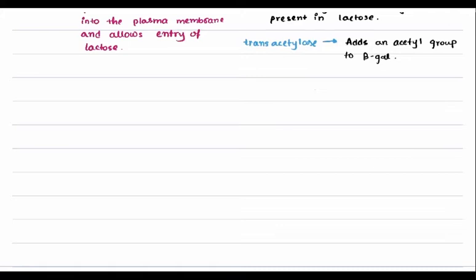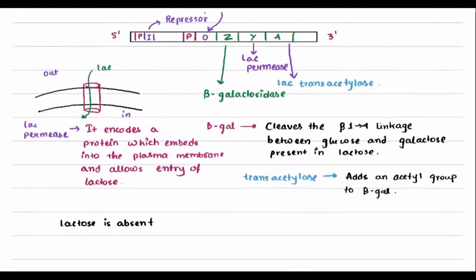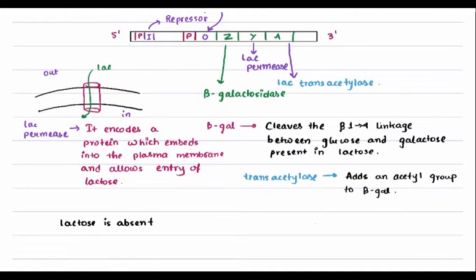So if lactose is absent, then the metabolism of lactose is not required, and all of these genes that are present can be switched off, and that is exactly what happens.